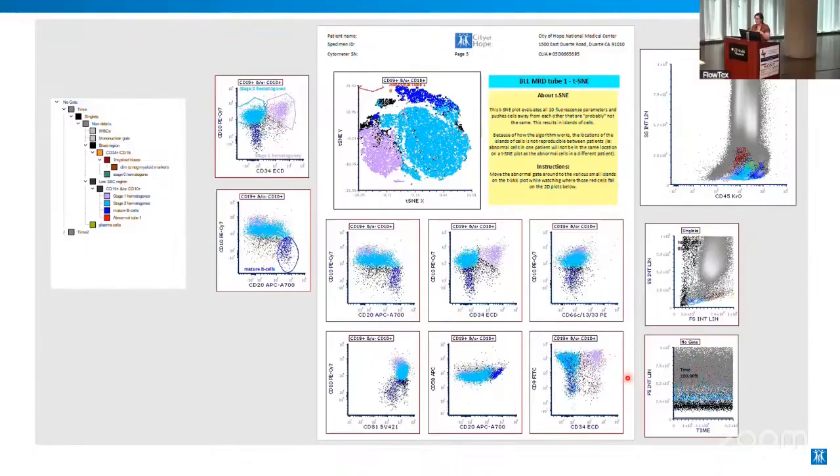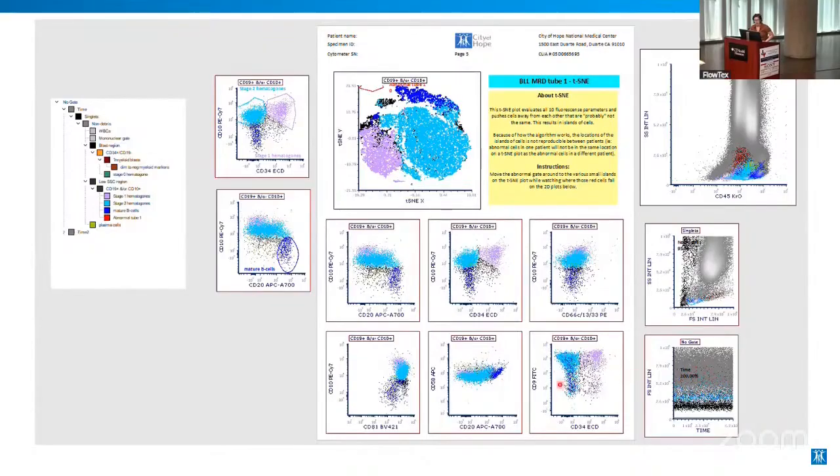So basically, with the T-SNE algorithm, we're looking at high parameter data, which in our case is just 10 parameters, but still high parameter data, and we're condensing it down into a 2D plot. If two cells are not similar, the algorithm will push them apart from each other. And if they are similar, they'll get grouped together in islands.